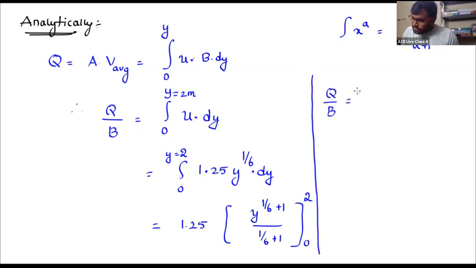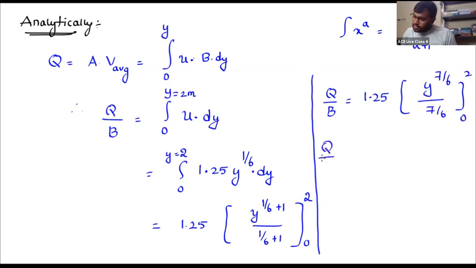Q by B is equal to 1.25 into y to the power of 7 by 6 by 7 by 6, integral 0 to 2. So you take this 7 by 6 to the other side, then Q by B is equal to 1.25 into 6 by 7 into 2 to the power of 7 by 6 minus 0.